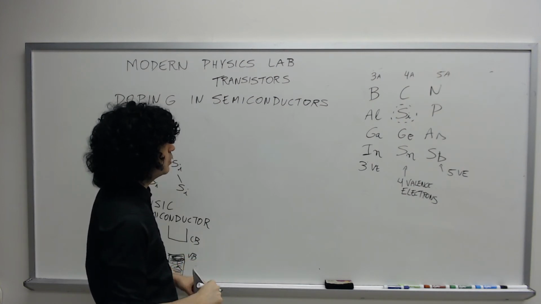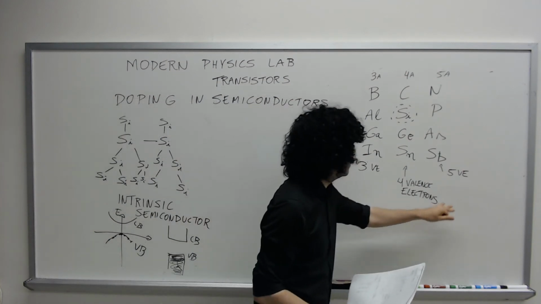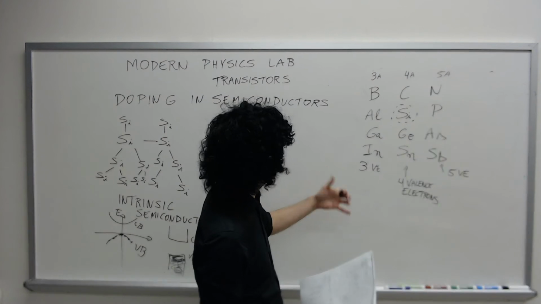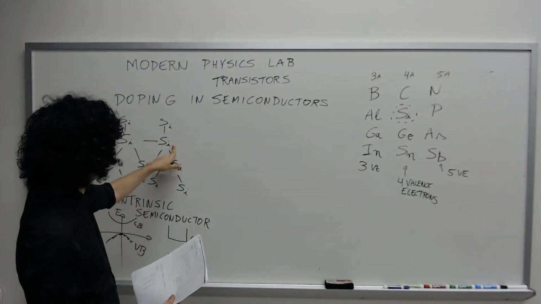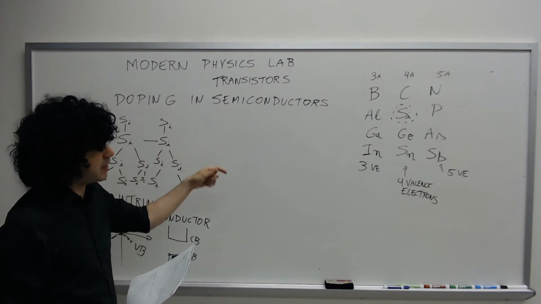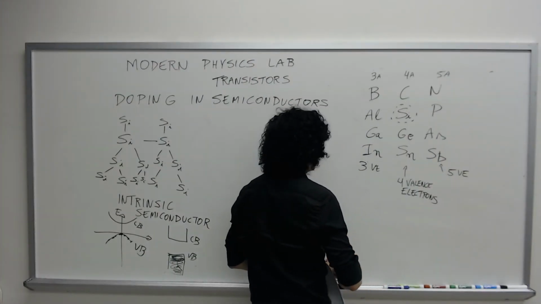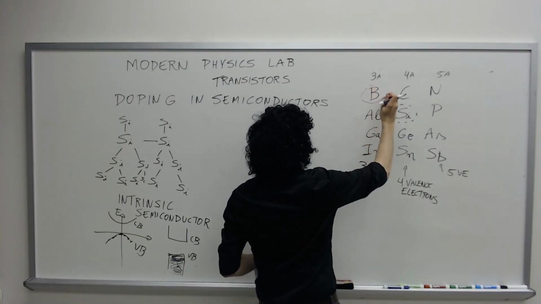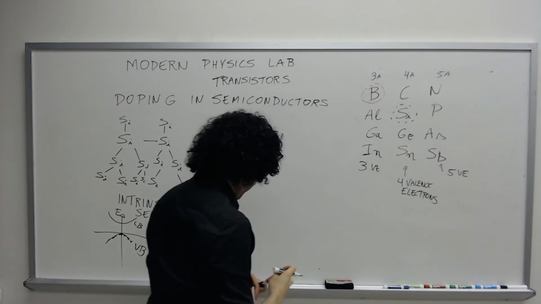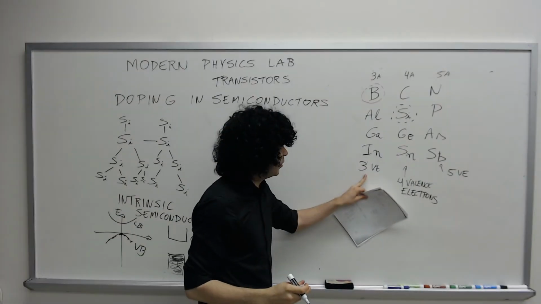So if you take a silicon atom and you replace it by a boron atom, you know that the boron has only 3 valence electrons.